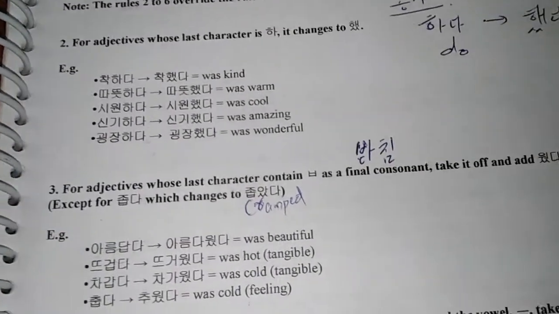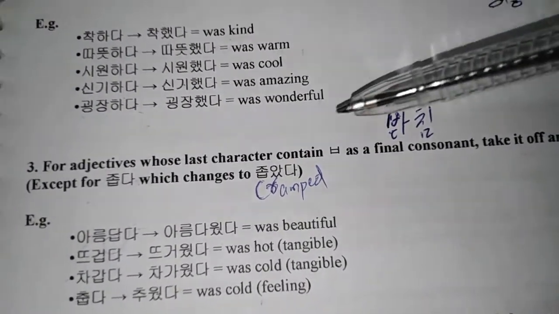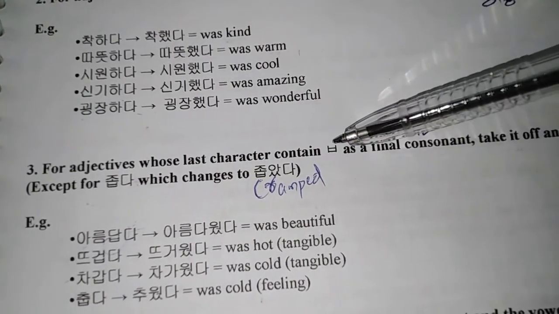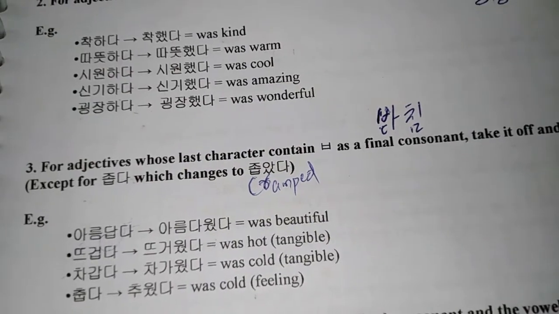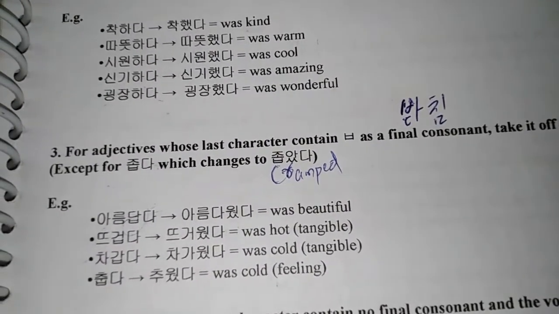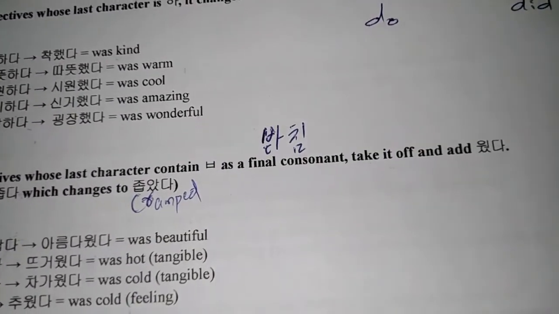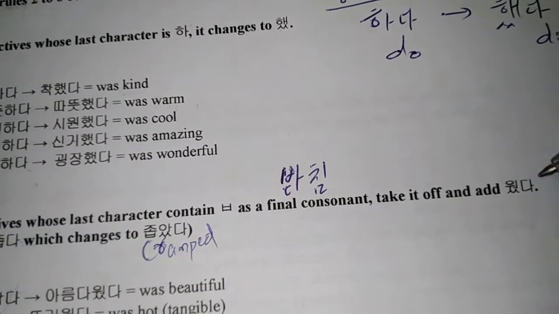Now the next one is, suppose the bottom you have is beep. So you have beep as bottom, and in that case what you would do is take off that beep as bottom and add watta as the next two syllables.